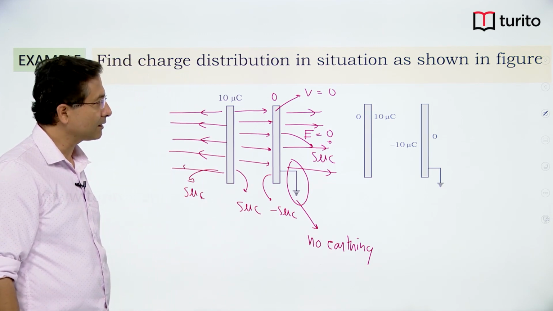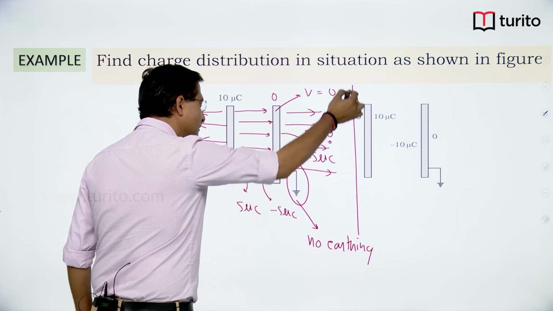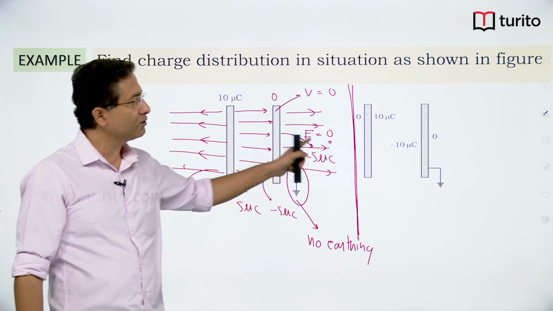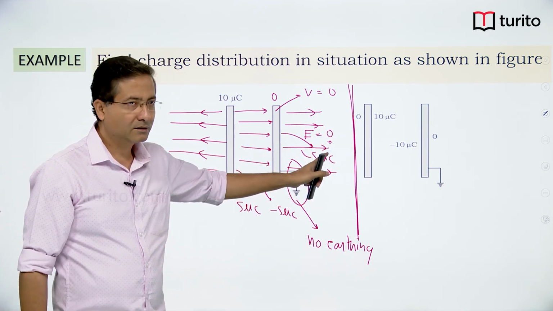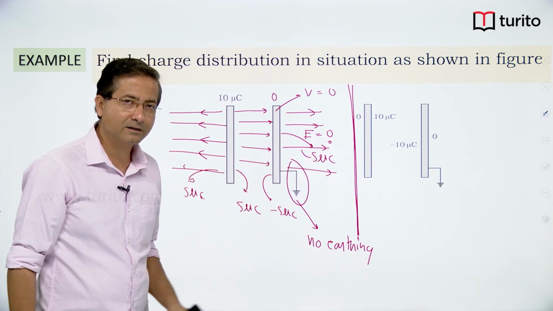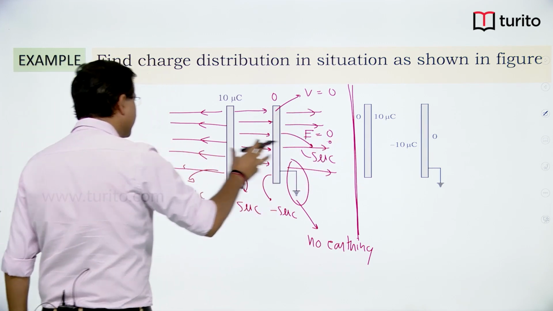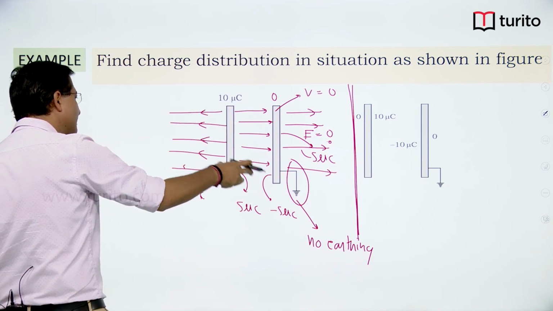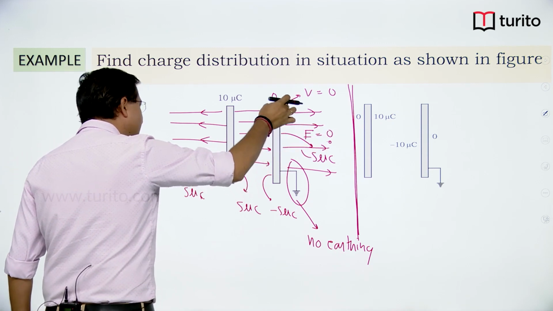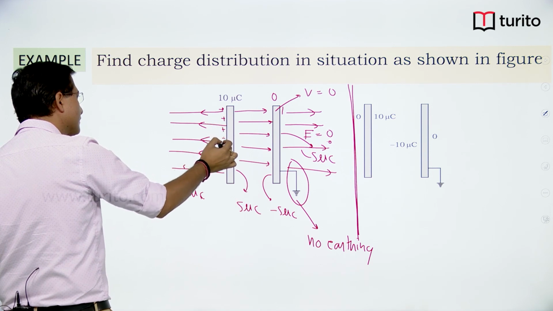I hope you are understanding what I am saying. As there is no charged particle in this region, potential here 0, infinity 0, the only possibility is that the field here is 0. And we have seen that the field outside the conductor or outside the arrangement, here and here, depends on this charge and this charge appearing on these surfaces.